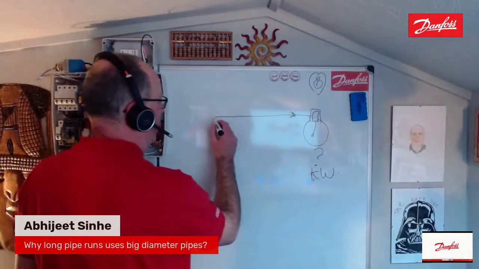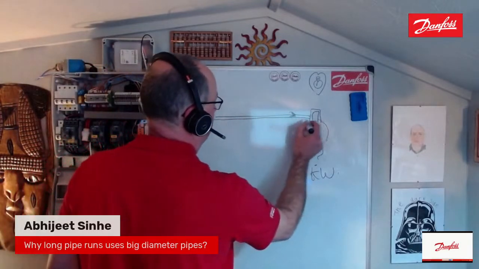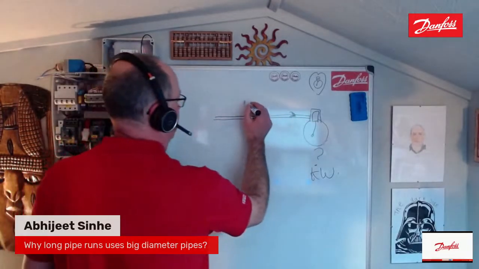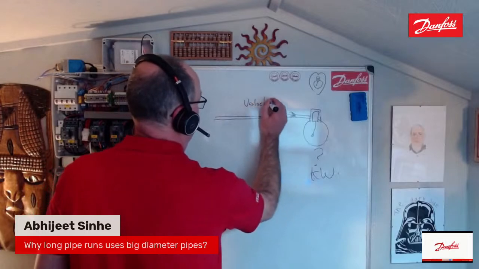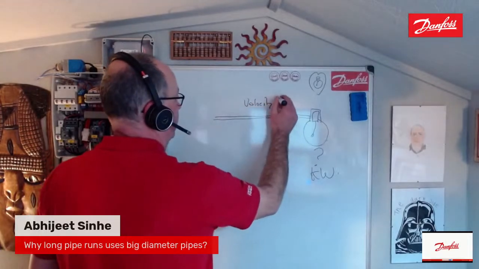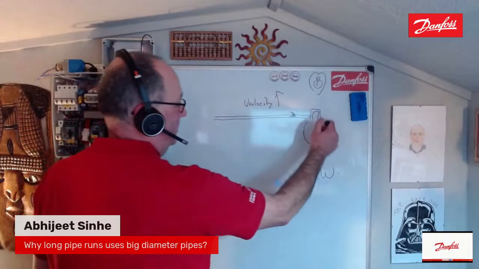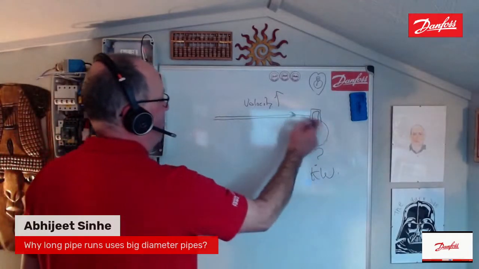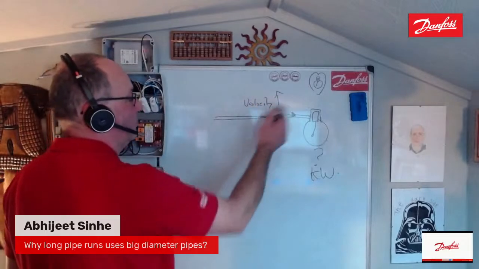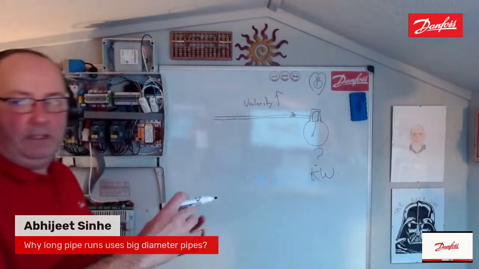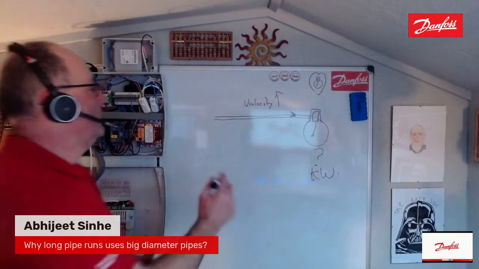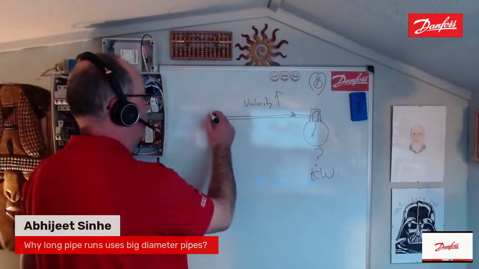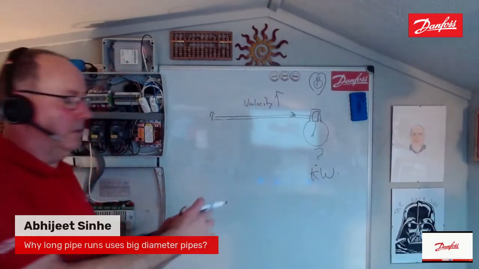If we've got a very small pipe, then the velocity in here is going to increase, because that's sucking away on our suction pipe. It's pulling the refrigerant back. The velocity is going to go up. If you want the velocity at the right level, then you need to increase your pipe size to accommodate that.